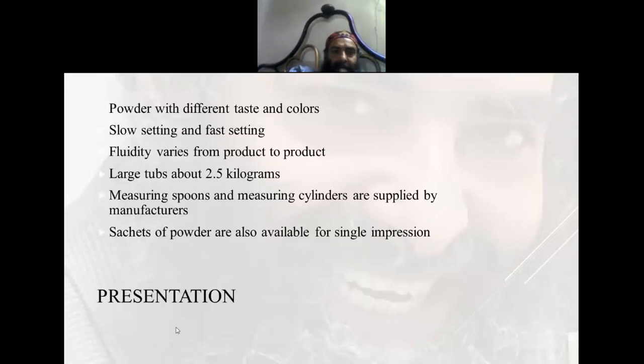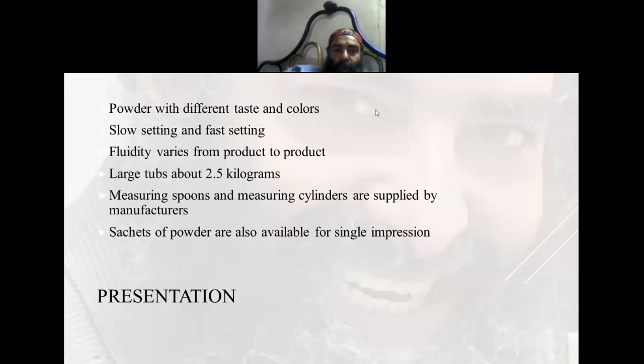alginates. If we see the presentation, in which form they are presented to us, it is a powder with different tastes and colors.